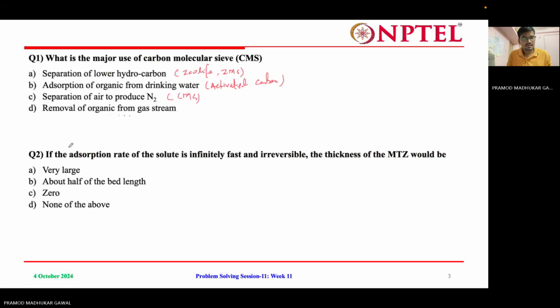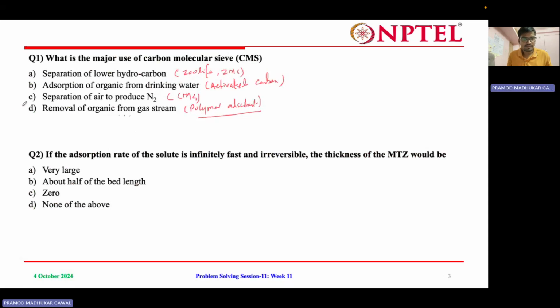And option D is removal of organics from gas streams, where the polymer adsorbent is used. Right. So those are the options.